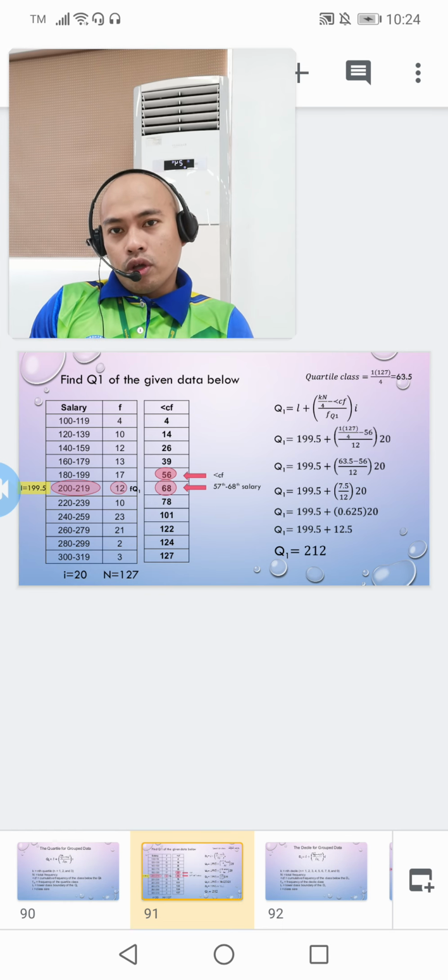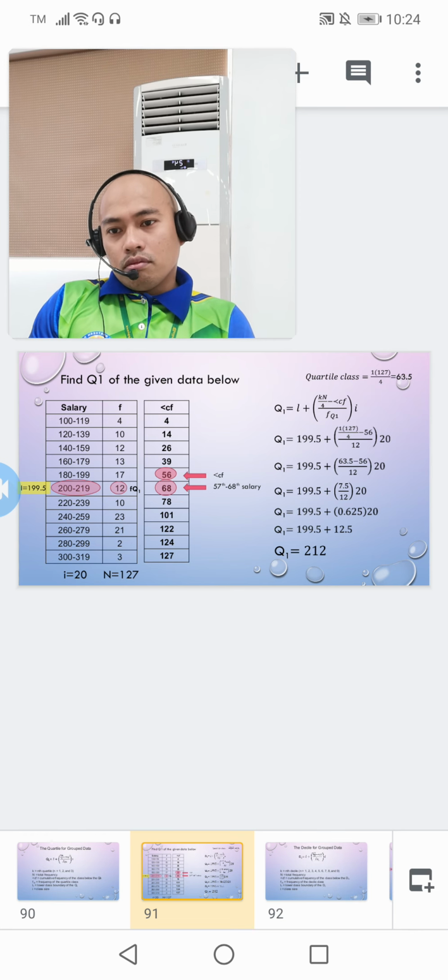Then we'll be having a denominator of 4. So therefore, it will give you a result of 63.5. So that will be the value of your kn divided by 4, 63.5. And this will now be used to find the quartile class of our given distribution.